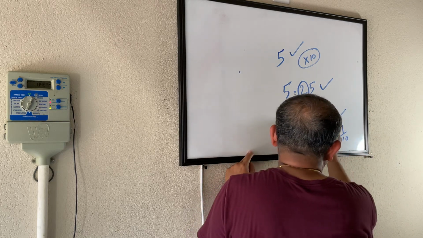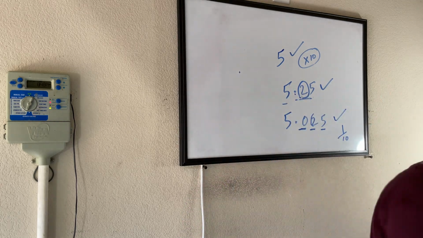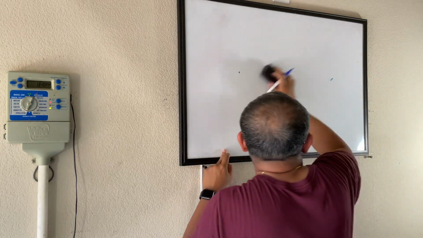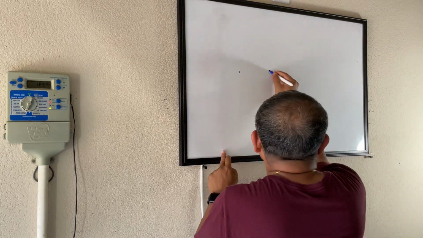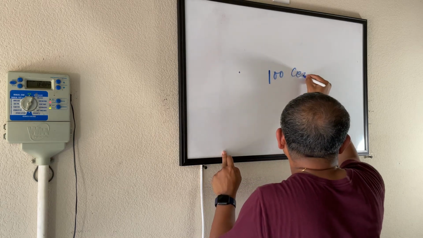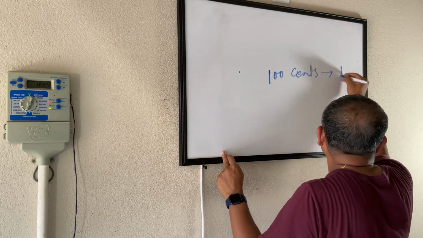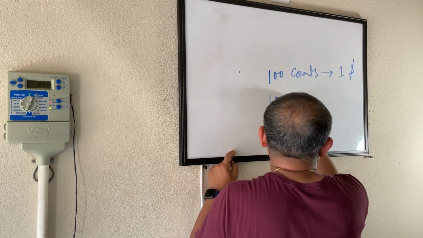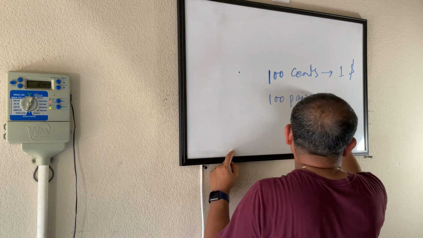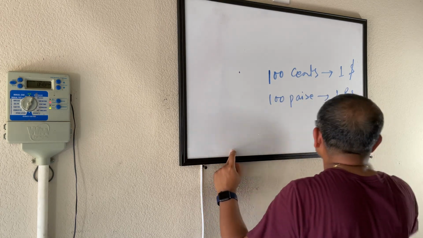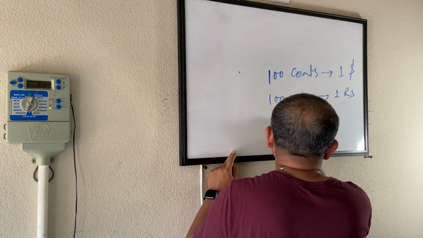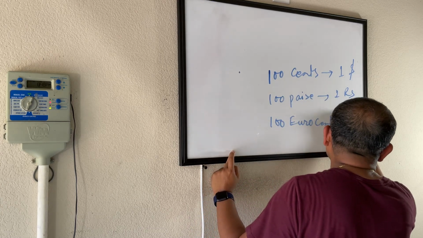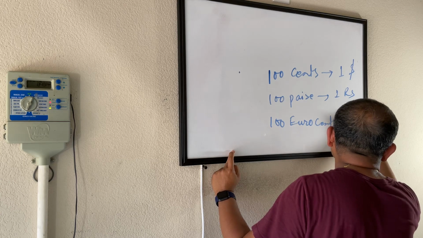Mostly when you are dealing with cents, you are dealing with the 100th part of a dollar. 100 cents make $1. 100 paise make 1 rupee. 100 euro cents make 1 euro.